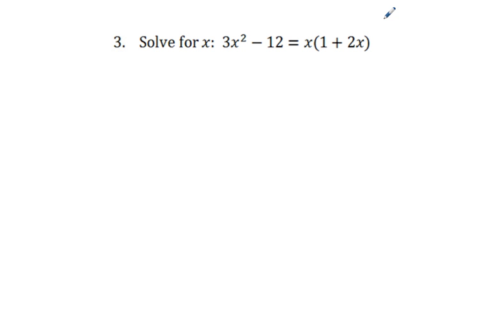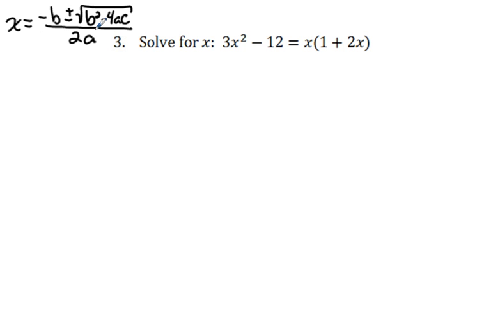The way that I tell students to remember it is by using a song, to the tune of Pop Goes the Weasel. X equals negative b plus or minus square root b squared minus 4ac all over 2a. And that's the quadratic formula.